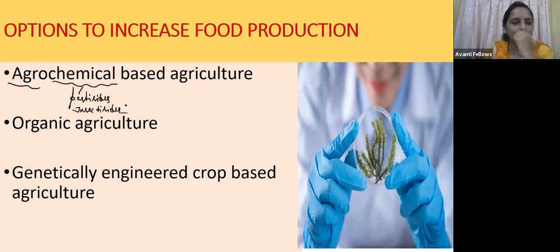In the 1960s, we know that our India's population was increasing day by day. To meet the need for food for the population, we must also increase food production, right? It is not very easy to increase food production. By using agrochemical based agriculture, we increased food production by triple.